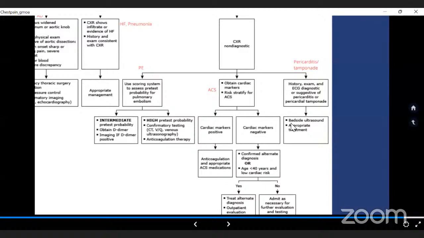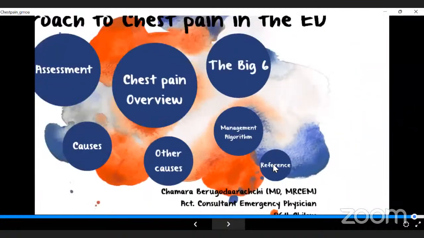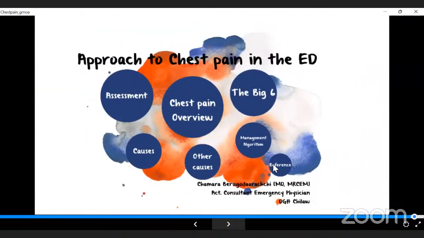And for pericarditis and tamponade, use history and examination to identify the likelihood of pericarditis and tamponade, and you have to decide on definitive management. This is all about critical presentations of chest pain.